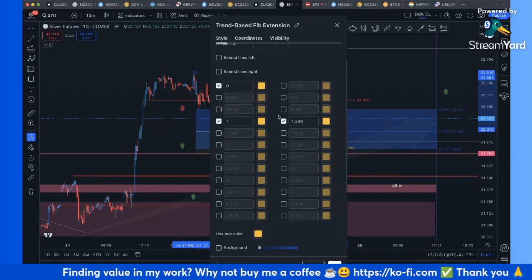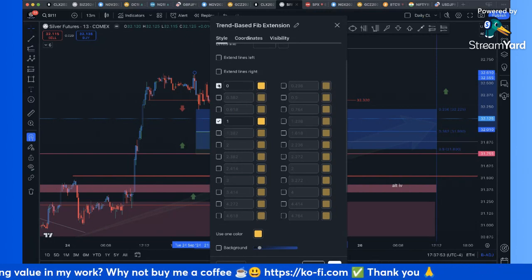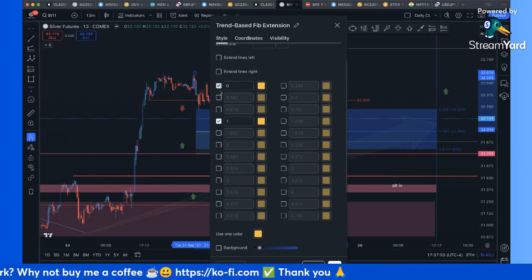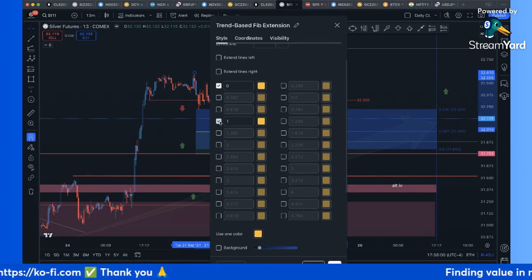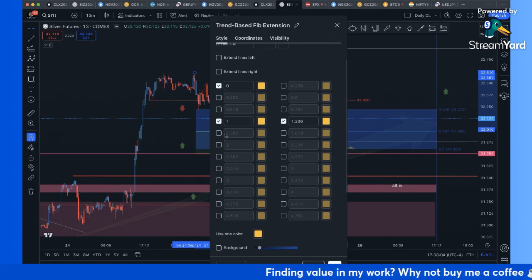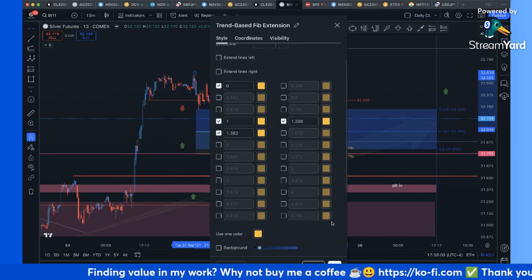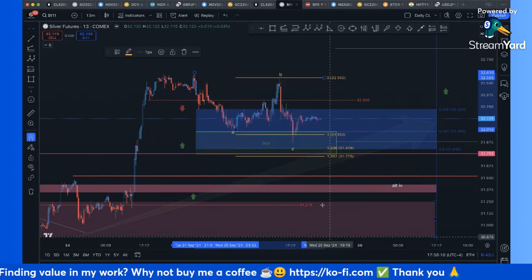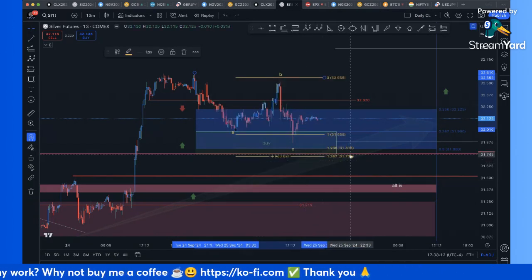One is saved as A equals C, and the only 2 fibs on there are the 0 mark and the 100 fib. That is A equals C, literally. The extensions for a C wave often target either the 1.236 or the 1.382. So let me show you. This is what those fibs look like.